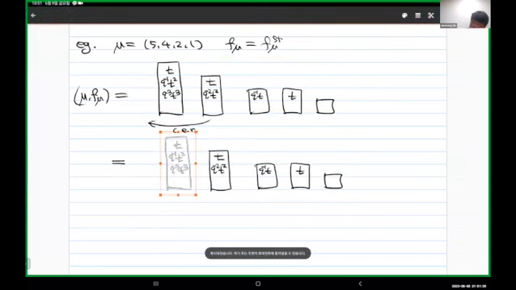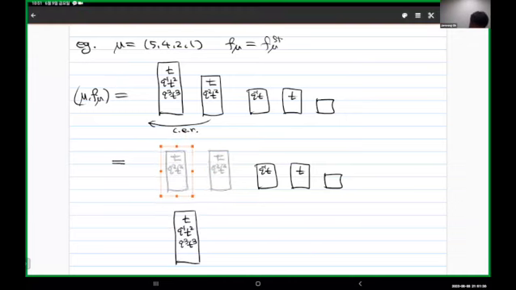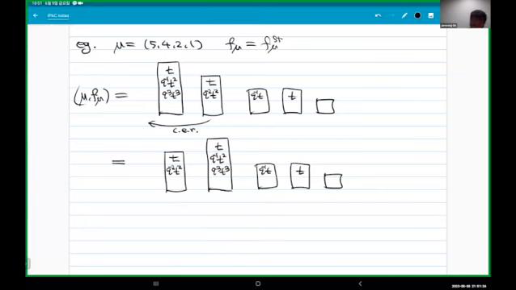We can exchange these two columns and change the statistic by Q inverse T, changing the filling.